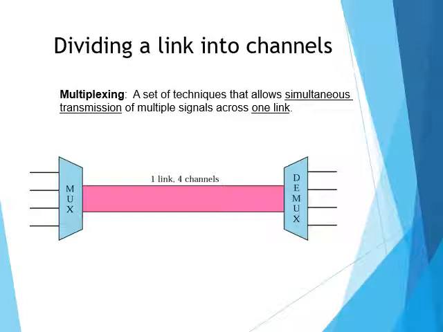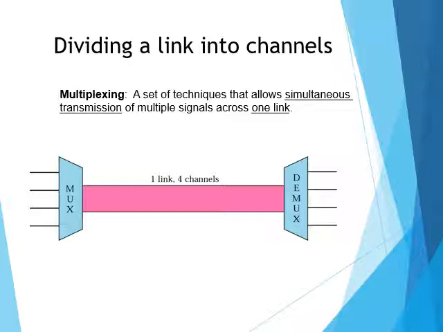As you can see in the figure, we have 4 sources. From these 4 sources, it generates 4 signals. Then those signals need to be combined. How to combine?